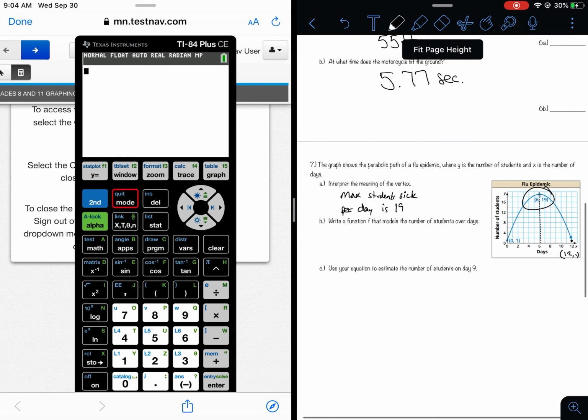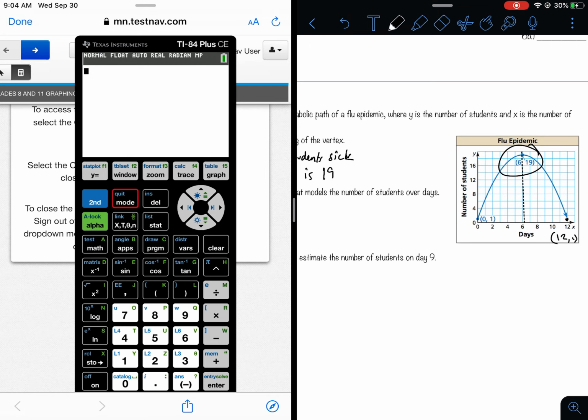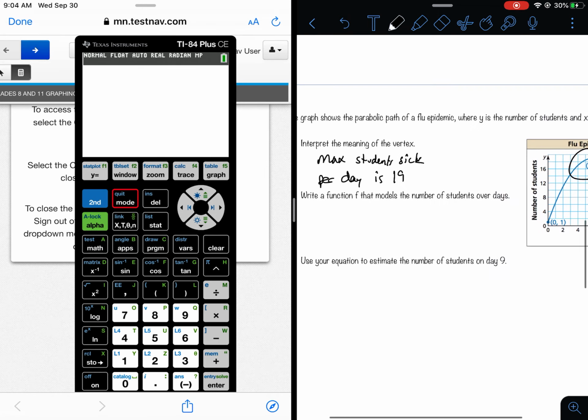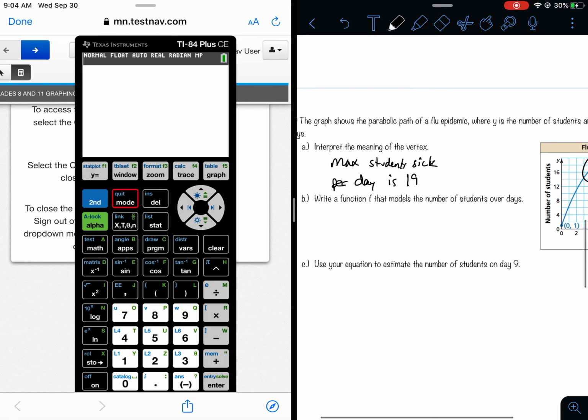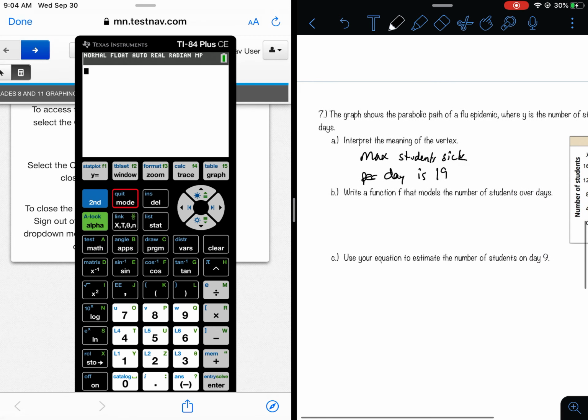Something along those lines. Or it's the most amount of people that got sick during the flu epidemic at the school. It's not really an epidemic at just a school, but that's just some meaning of maximum students or the most students per day, something like that would reference the vertex.